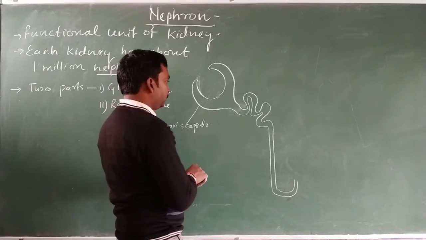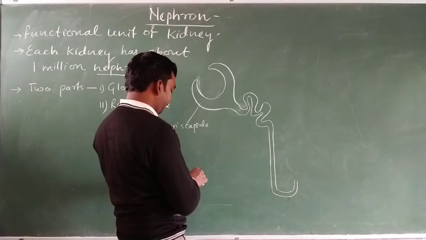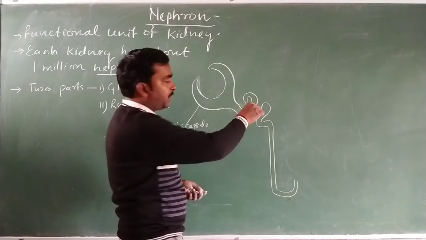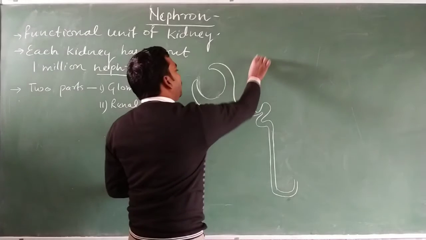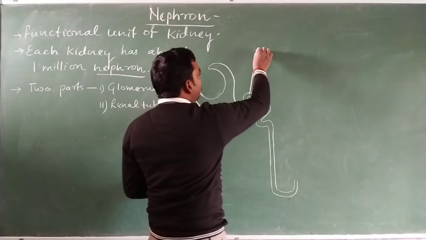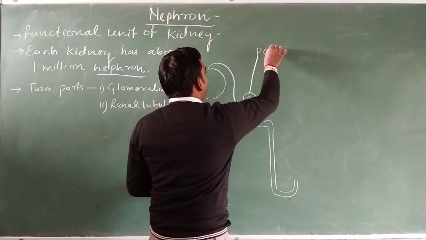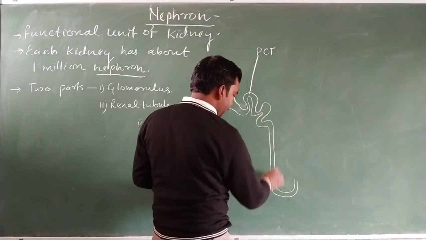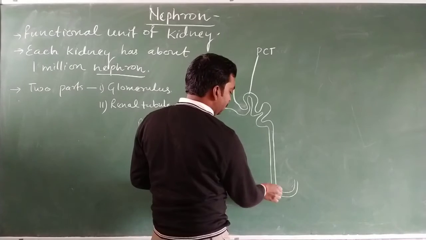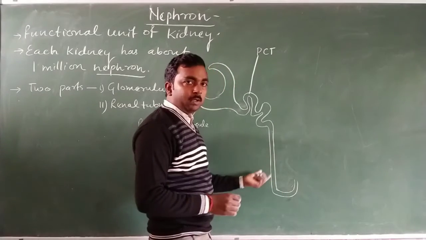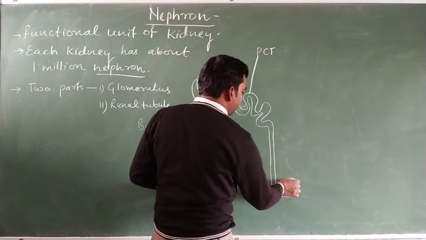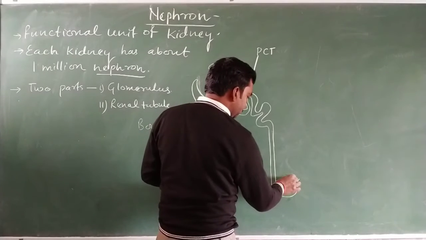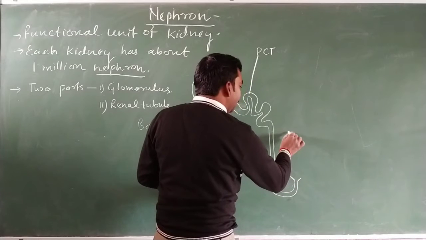So this tubular part, or the extension of the Bowman's capsule, which becomes highly coiled, is known as PCT or proximal convoluted tubule, and then it runs downward into a thin tubular structure, and that thin tubular structure again becomes wide.